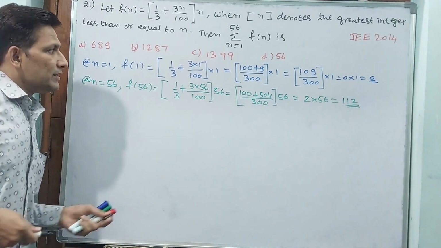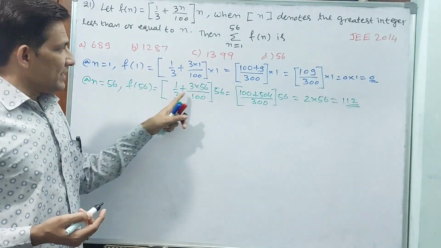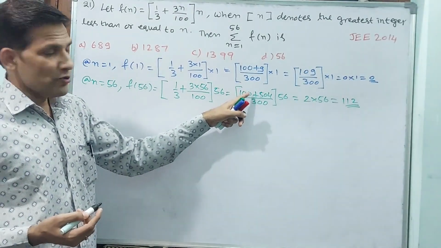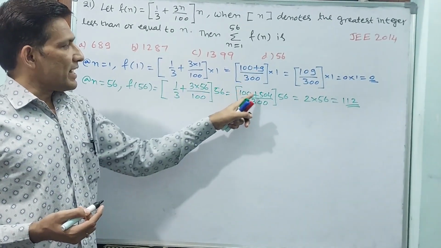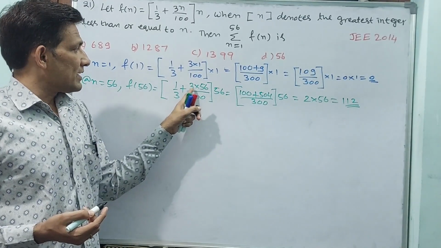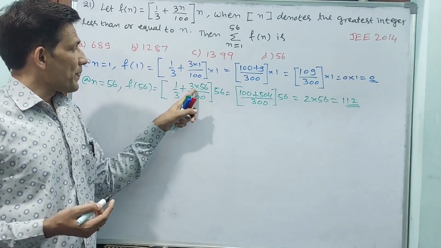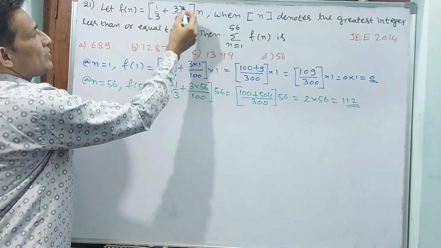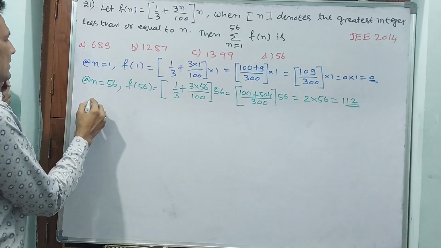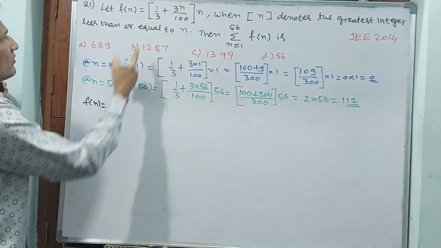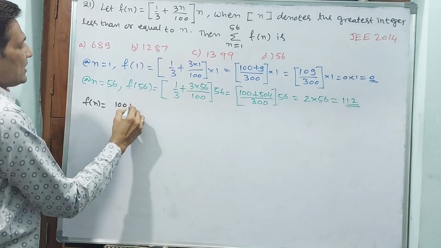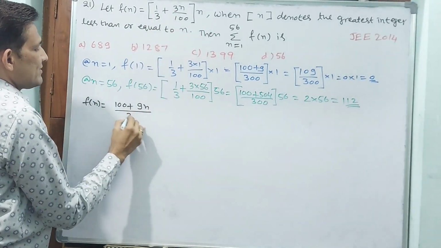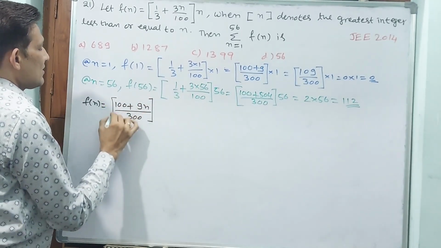Observe carefully what will happen here. Every time the 300 is in the denominator, and the numerator is 100 plus 9n; 504 is 3 into 3n, actually 3n is there. So f of n is equal to the greatest integer of 100 plus 9n by 300, into n.